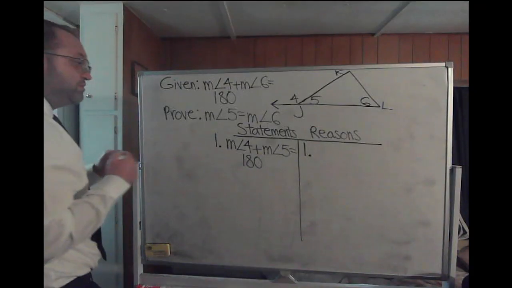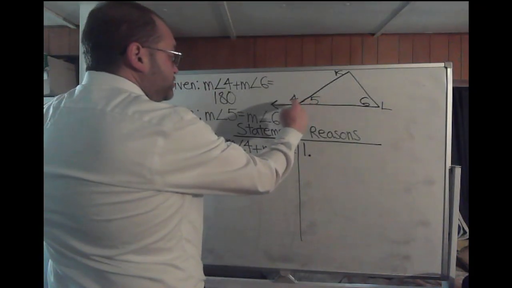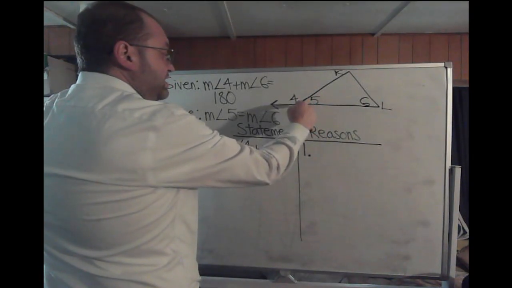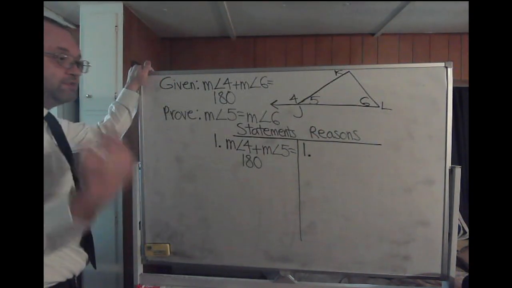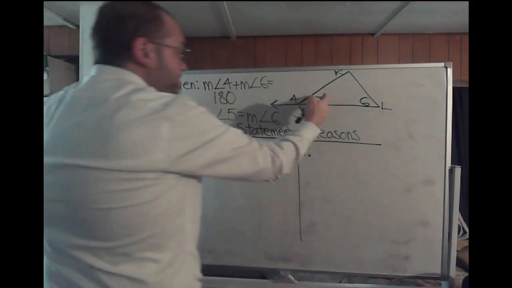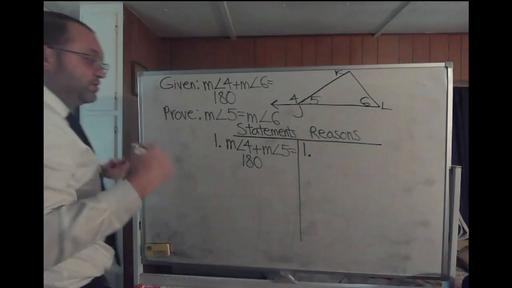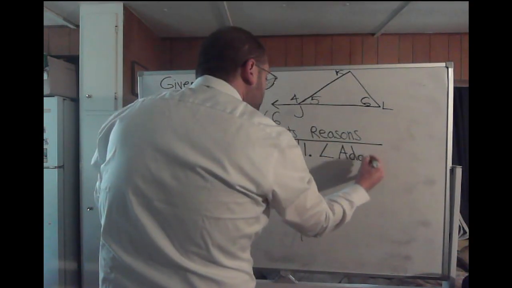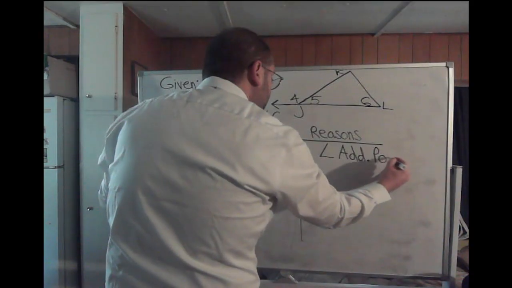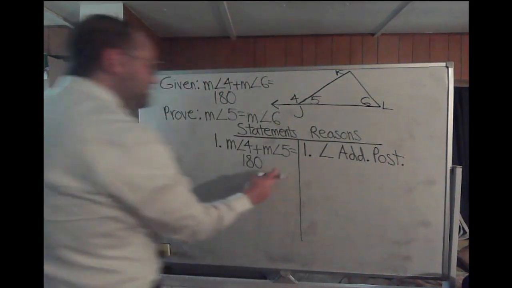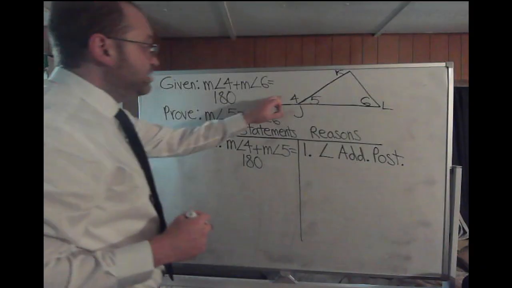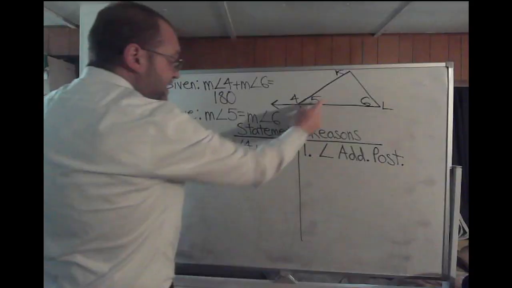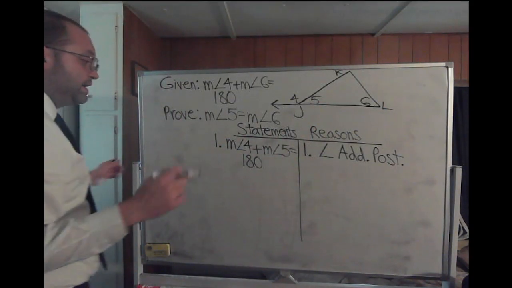If you have a straight line and then you have two angles on that straight line, like if a ray intersects that line, then the sum of the two angles equals 180. So by the angle addition postulate, we can say the measure of angle 4 plus the measure of angle 5 is equal to 180. If you add angle 4 and 5 together, you'll get a 180-degree angle, a straight line.